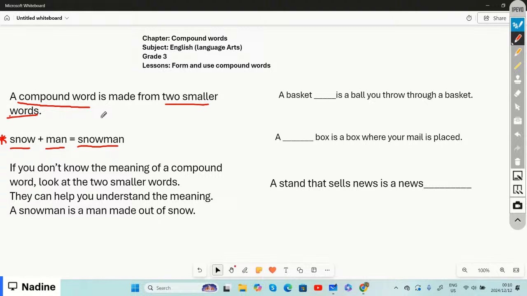Snow means something on its own. Man means something on its own. But once you add these two words together, we create a snowman.